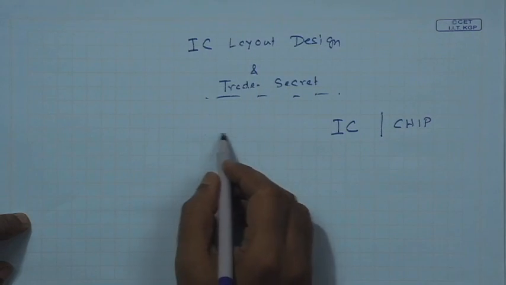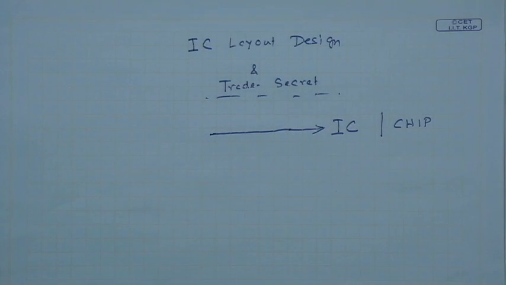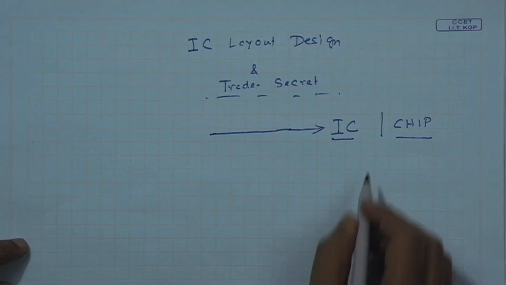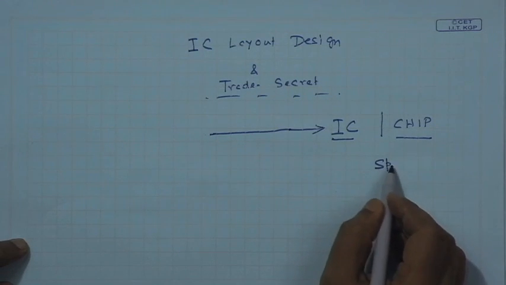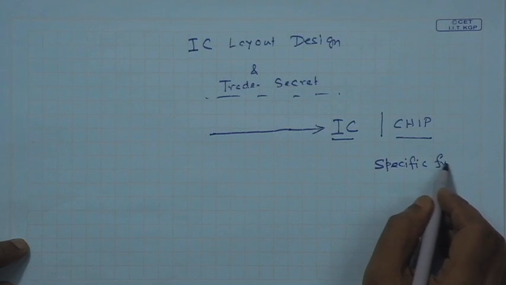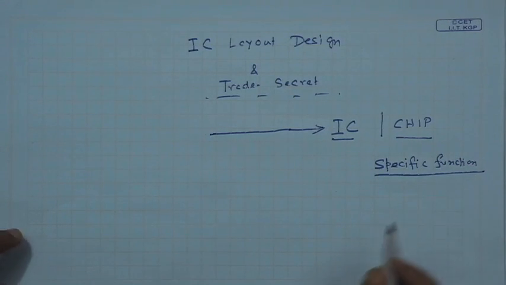So how is it fabricated? Definitely you understood IC or chips. Why do you use them? You use them for a specific function.